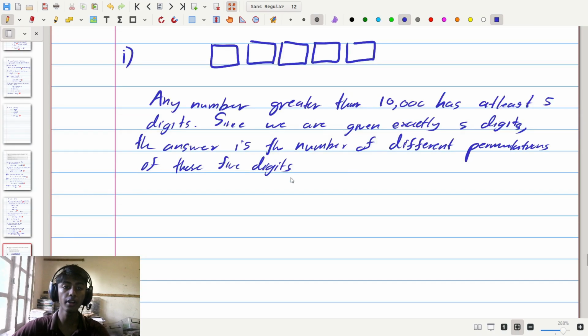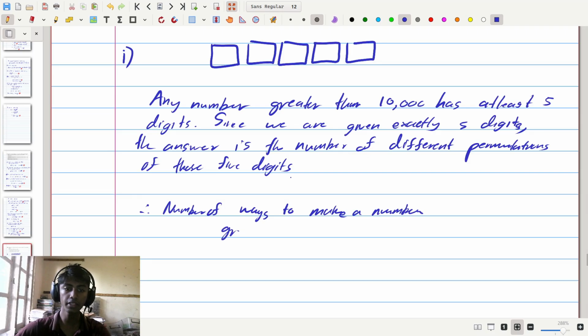And therefore, the number of ways to make a number greater than 10,000 is equal to 5 factorial.